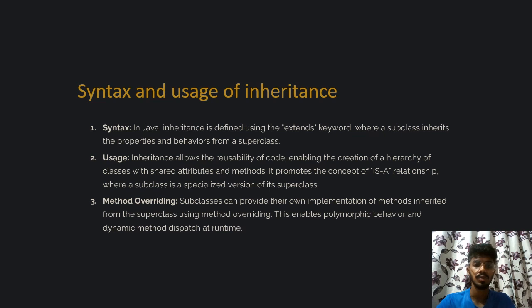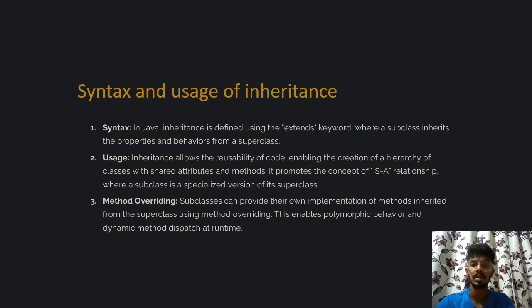The syntax and usage of inheritance. Syntax: in Java, inheritance is defined using the extends keyword, where a subclass inherits properties and behaviors from a superclass. Usage: inheritance allows the reusability of code, enabling the creation of a hierarchy of classes with shared attributes and methods.